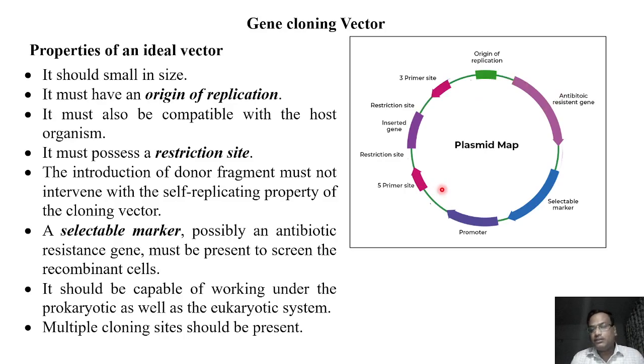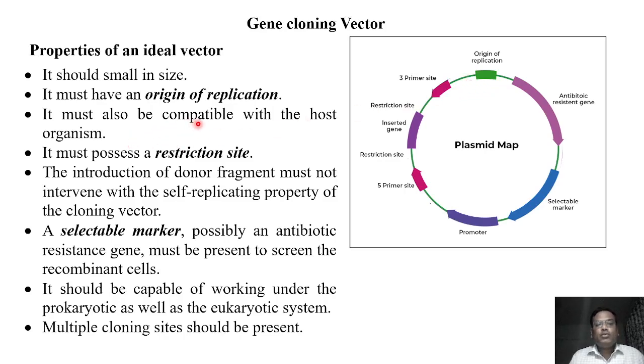And once it enters into the target cell, it has to multiply. So if it is a cloning vector, it is going to multiply. So for multiplication, there is a need of origin of replication. So origin of replication is the point from where the DNA duplication or DNA replication starts. So it is a must in a vector.